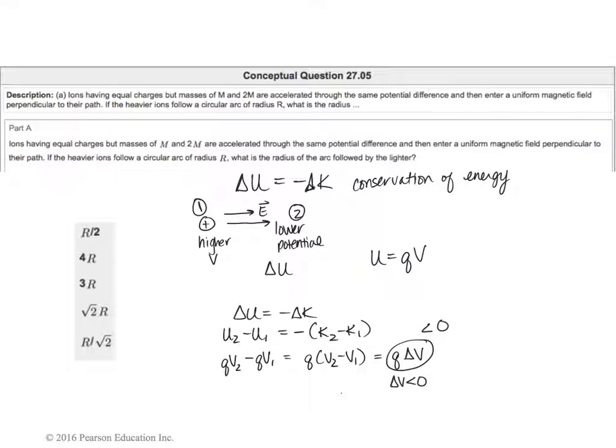And so delta U is a negative quantity, and that's why it makes sense for it to equal minus the change in kinetic energy, because the particle is going to end up with some final velocity, but it started from rest. And because this is a negative quantity, the signs all match up.